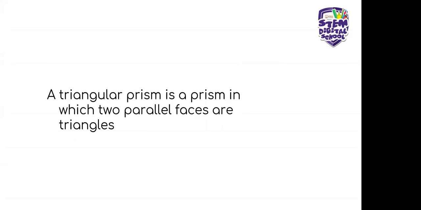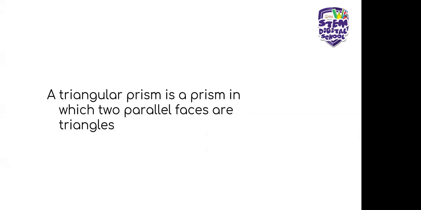And lastly, we have defined a triangular prism as well. I know that we have spoken at length about a wide range of polyhedrons, the pentagonal prism, the hexagonal prism, and so on.